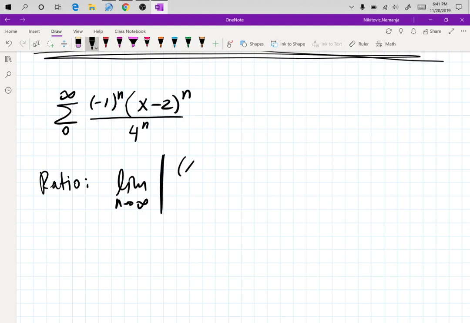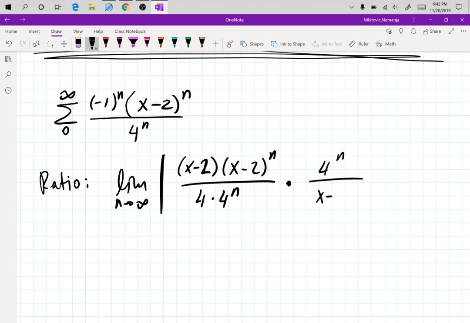I'm immediately going to peel off x minus 2, have x minus 2 to the n divided by 4 times 4 to the n. So I already peeled the +1, because that's why I have doubles there. If you put them together, you will get your n plus 1s. Times the problem flipped, so 4 to the n divided by x minus 2 to the n.